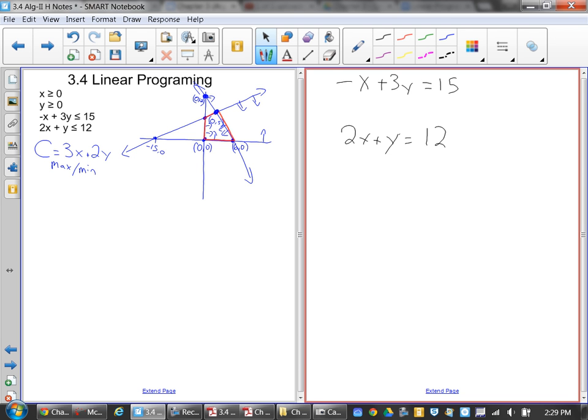When you solve a system of equations, there's multiple ways to do it. You've got substitution and linear combination. Do you remember what to use when? Nope. Okay.